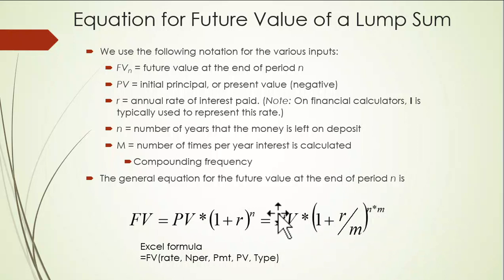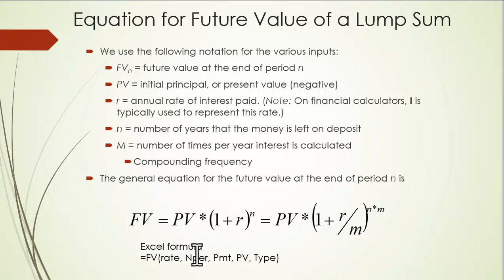That's the one I suggest you use, where you find the present value and multiply it by 1 plus the annual interest rate divided by how many times you compound interest. That is taken to an exponent of the number of years times the number of periods. So this is the rate, this is the periods involved, and this is the rate per period.